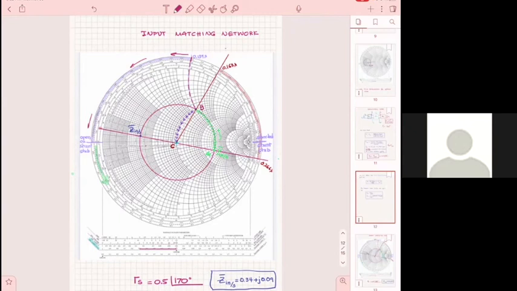It depends if you are using impedance or admittance, because for an impedance, on the left it's short and on the right is open.